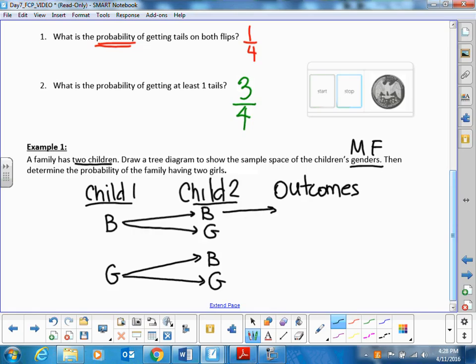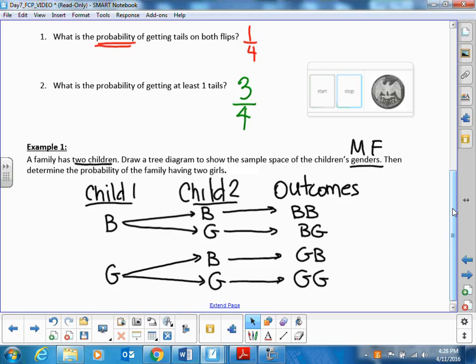The first one is boy, boy. The second one is boy, girl. Third option is girl, boy. And the fourth option is girl, girl. And you're going to answer that question about what is the probability of the family having 2 girls, and that is going to be a fraction or a percent depending on how the question is worded.